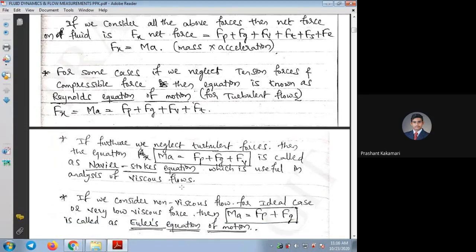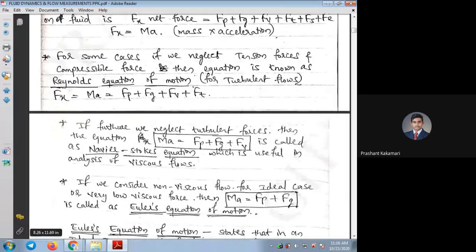Moving one more step ahead, if you consider only the first two terms, that is, the fluid in motion is possible only by pressure force and the gravitational force, which we consider in the lab also. So those forces are the pressure force and the gravitational force. And if you neglect all the remaining forces, viscosity, surface tension, turbulency, and the compressibility, then that equation is called Euler's equation of motion.